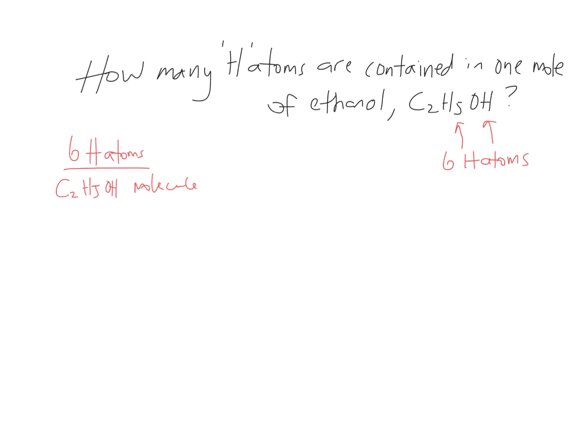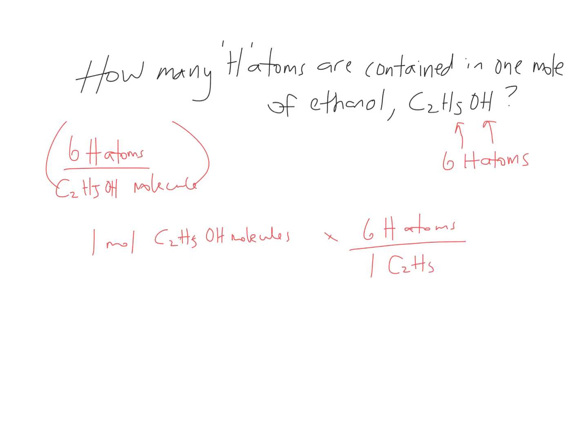We want to know how many are contained in a mole. So it's 6 moles. Now, if you just look at that and get to the right answer, great. I'll show you how you can do it to make sure it makes sense and you don't make a mistake, if you want to use my method. So, lay out that we've got 1 mole of ethanol molecules, and we know that we're going to multiply it by this factor up here: there's 6 H atoms in every 1 molecule.